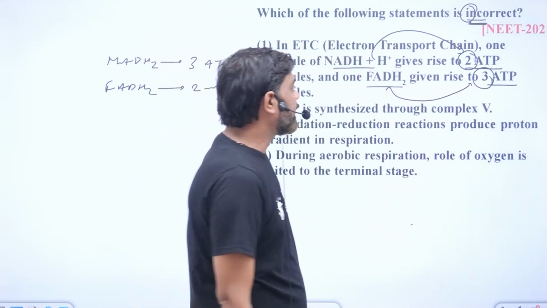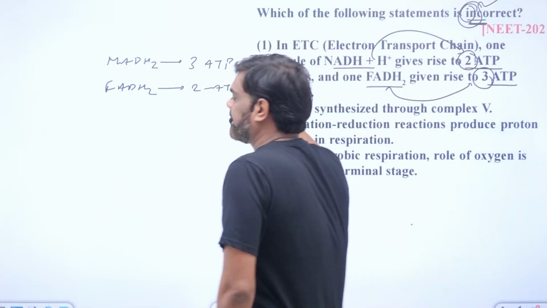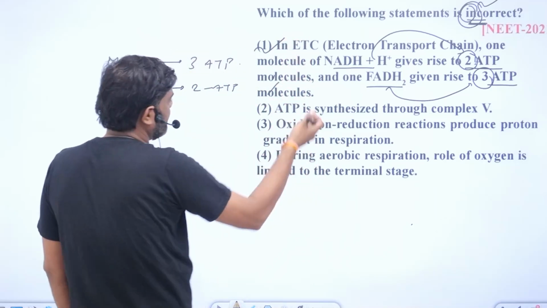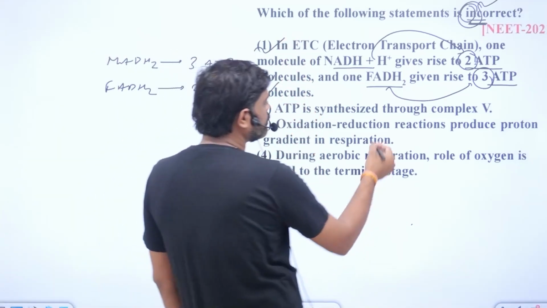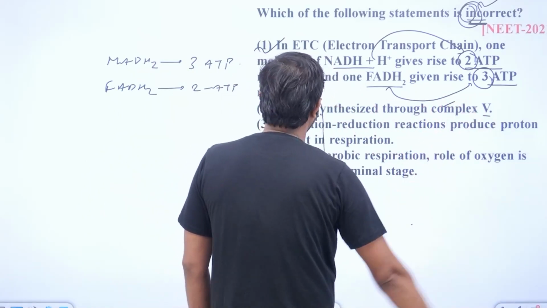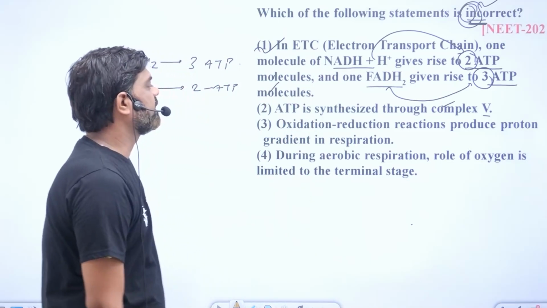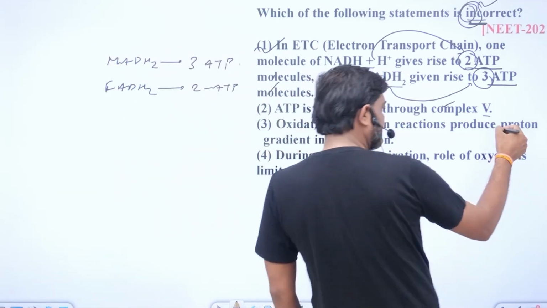Identify the incorrect statement. This statement is the incorrect statement, but read the next statements. ATP synthesized through complex five. This statement is right. Oxidation reduction reactions produce a proton gradient in respiration. This statement is correct.